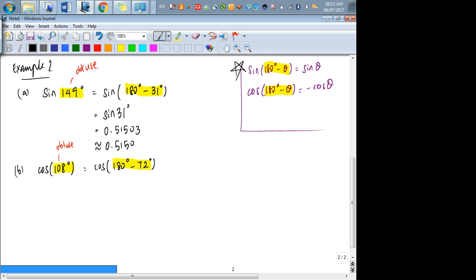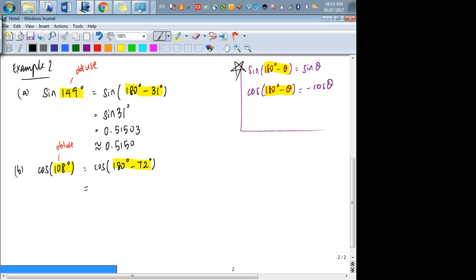Cosine 180 degrees minus theta is equals to negative cosine theta. Take note, sine and cosine are different. For sine, they all stay with the same sign, whereas for cosine, there is a change in sign given by this negative. Okay?